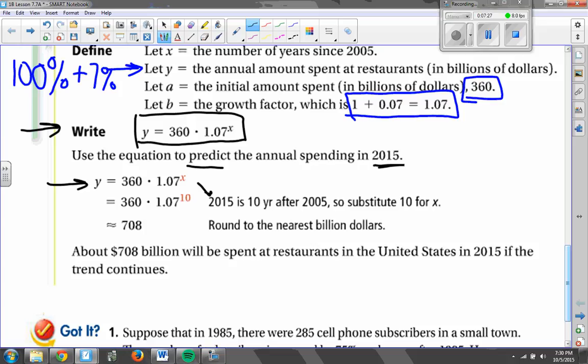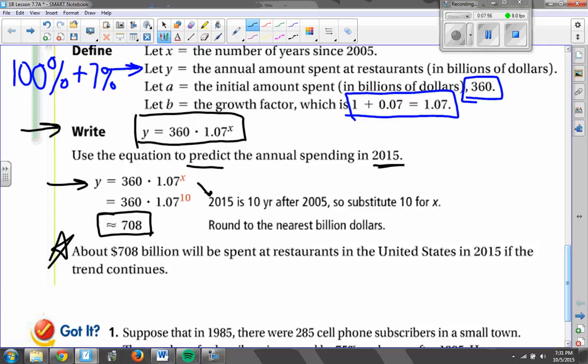Please check this on your calculator. 1.07 to the 10th power, times that by 360, and hopefully you get 708 or close to it. So we can say then about $708 billion will be spent in 2015 if that trend does continue.